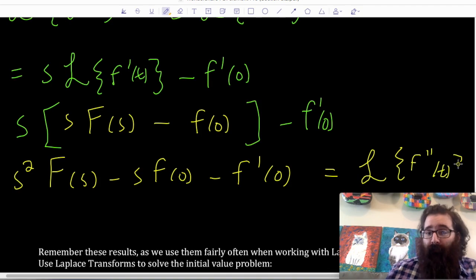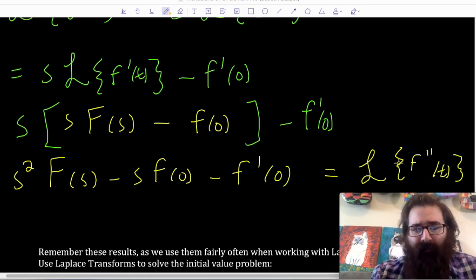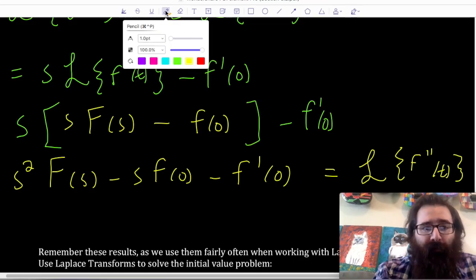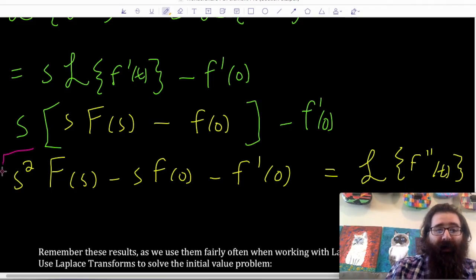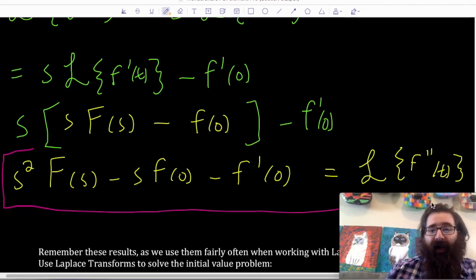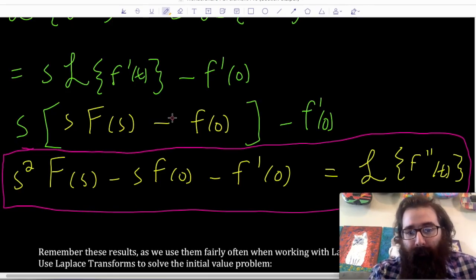You can show this result with integration by parts as well. It just requires two uses of integration by parts. I don't think it's quite worth showing it that way, since it's a little more work, and we can use what we already have with relationships between functions and derivatives, and a small substitution, to just unravel it from here.